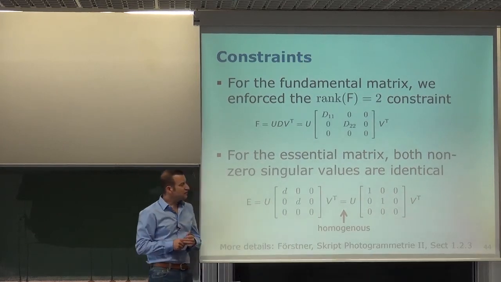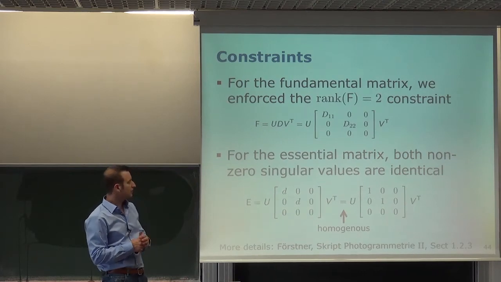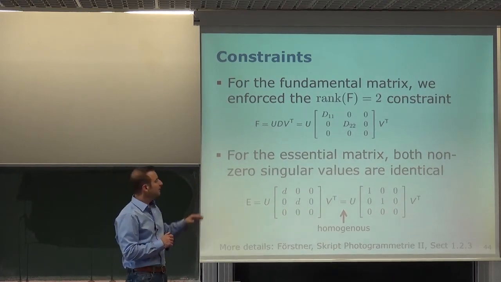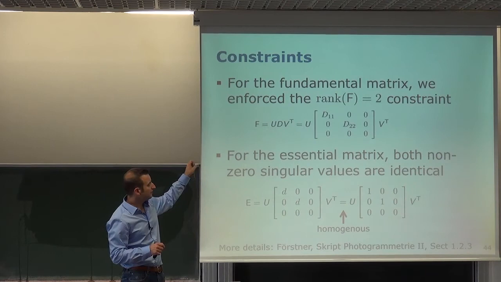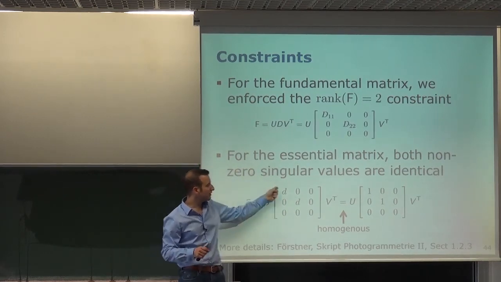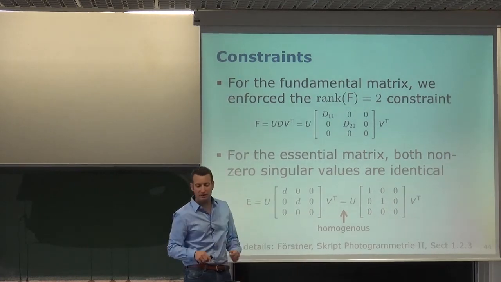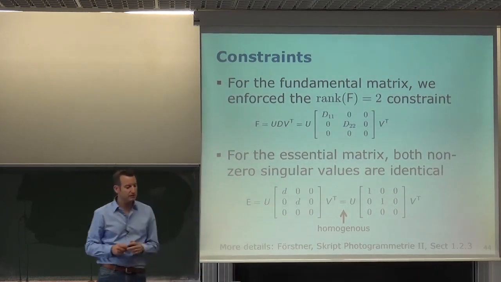For the essential matrix, we can show, and I don't want to go too much into the details here, that the singular values of the essential matrix need to be identical, so that D11 and D22 should be identical.